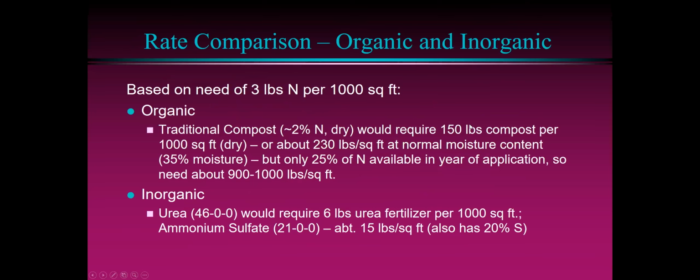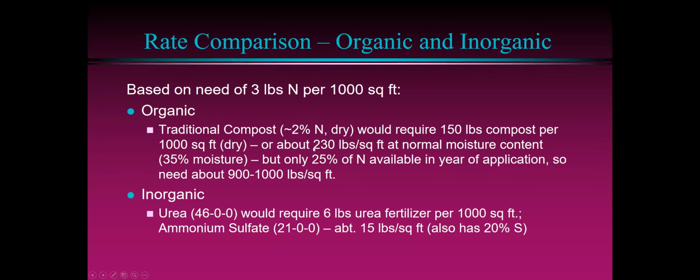So you can see these require quite a bit of material to supply the needed level of nutrient. And that would be on a dry weight basis. Most of our materials have some moisture content. So typically around 35% moisture content would mean that we would apply about 230 pounds of standard compost per 1,000 square feet to supply 3 pounds of nitrogen.